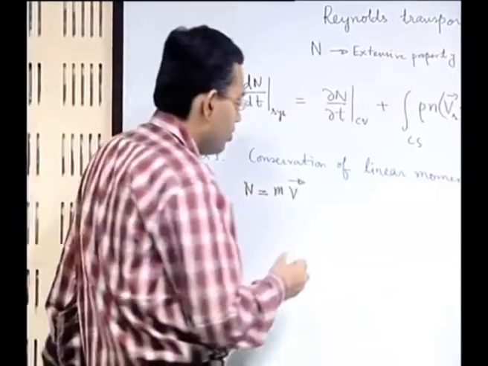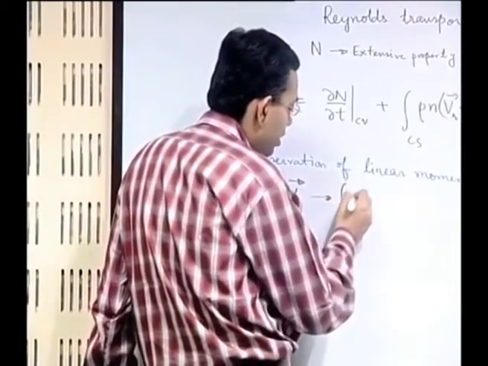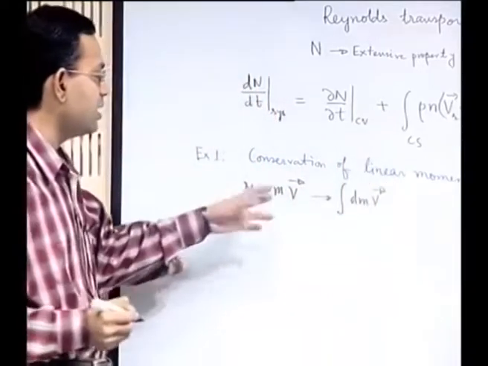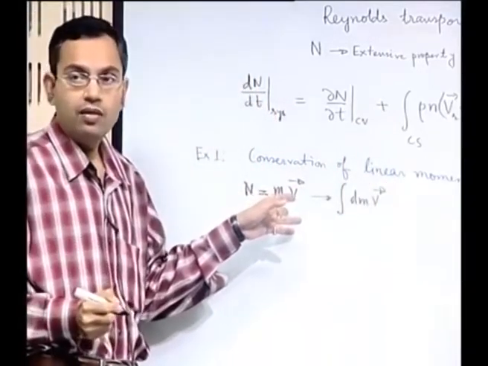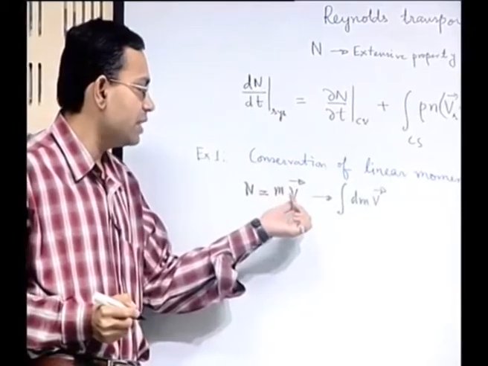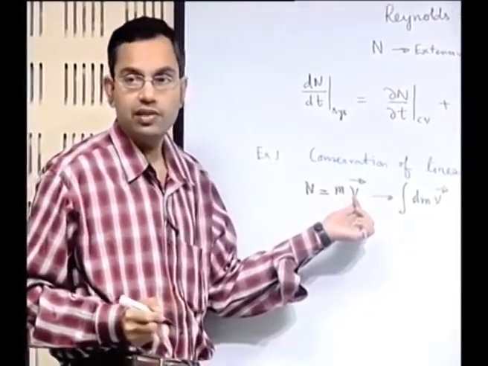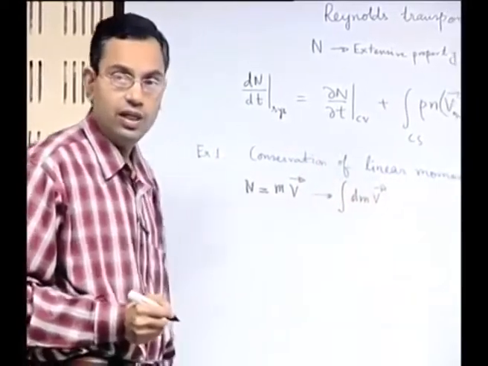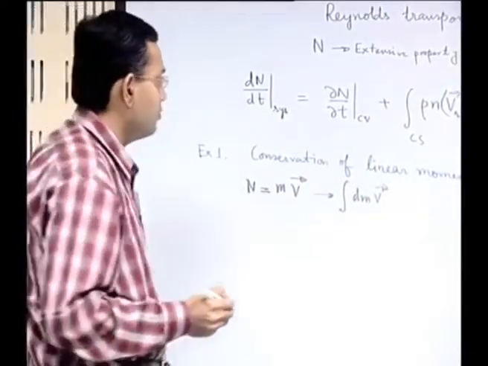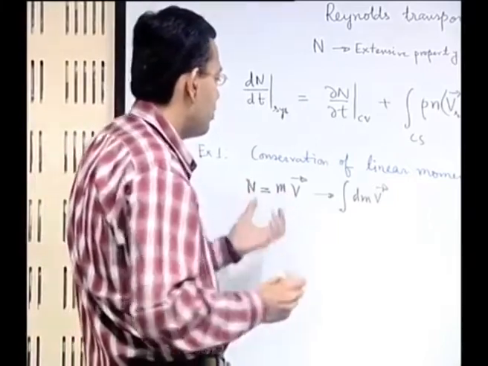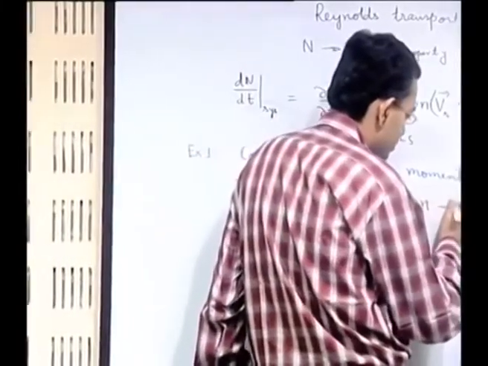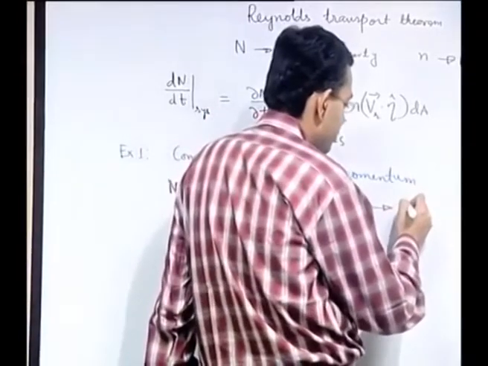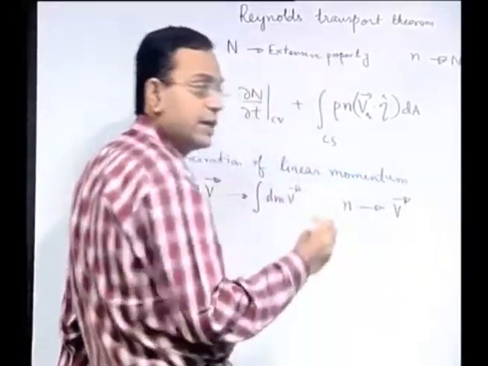So you can also write it as integral of dm V, but just for simplicity we write it as mV, where you can represent this V as V of the center of mass or something like that, but you can also write it as integral of the dm V. Now what is the small n? This is per unit mass, so that is equal to V.